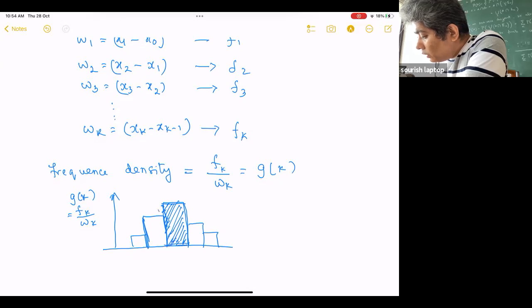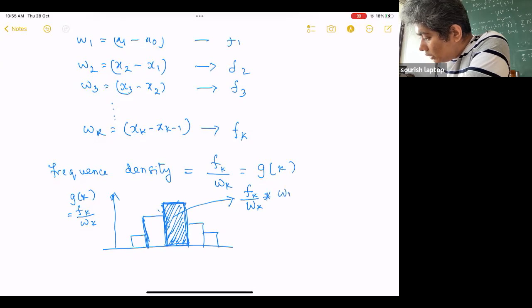How can you calculate this area? It will be fk by Wk times Wk, right?